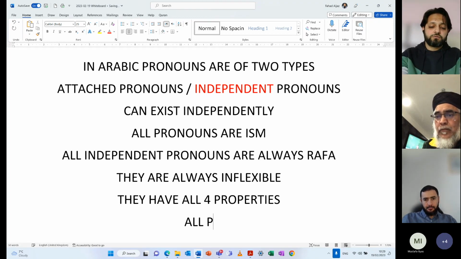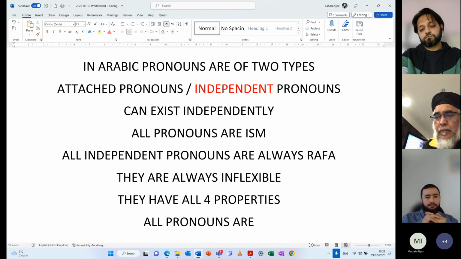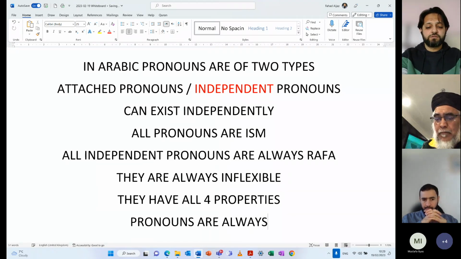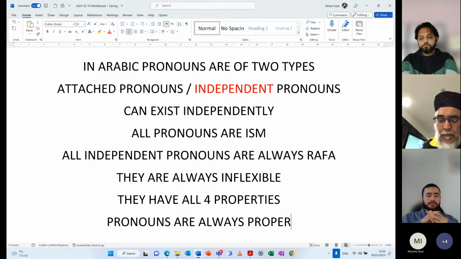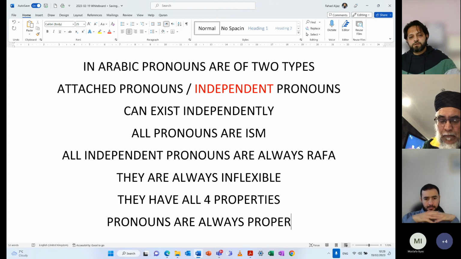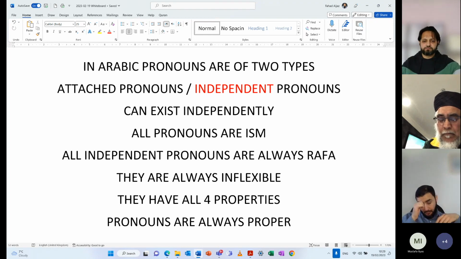Pronouns are always proper. Regardless of independent or dependent, they're always proper.